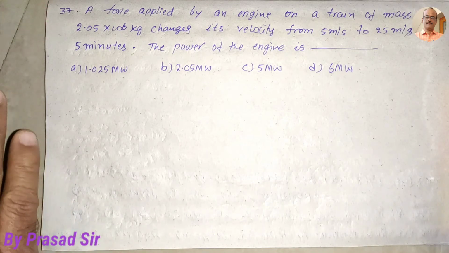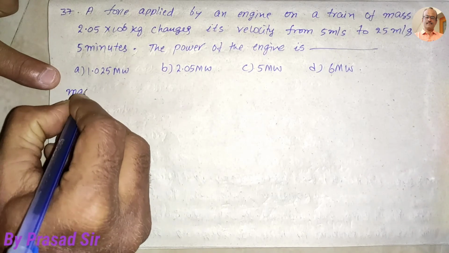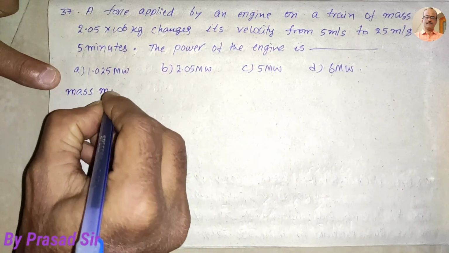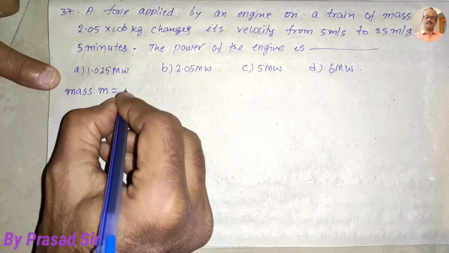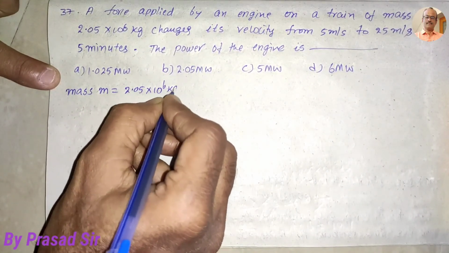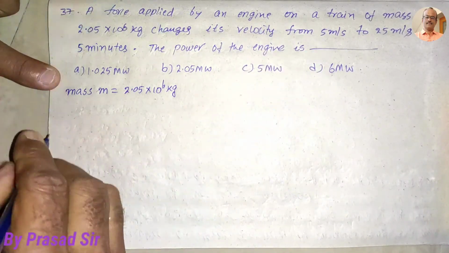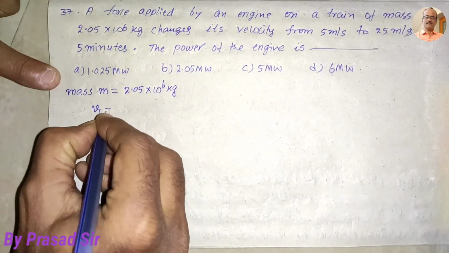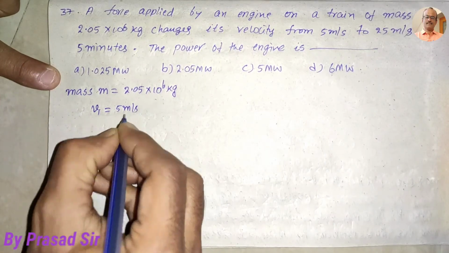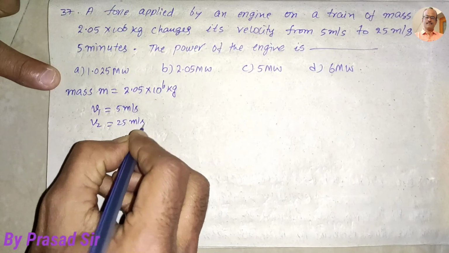So first of all, what are the given values we will write? Here mass m is given as 2.05 into 10 to the power of 6 kilograms. Then velocity changes from v1 is equal to 5 meters per second to v2 is equal to 25 meters per second.